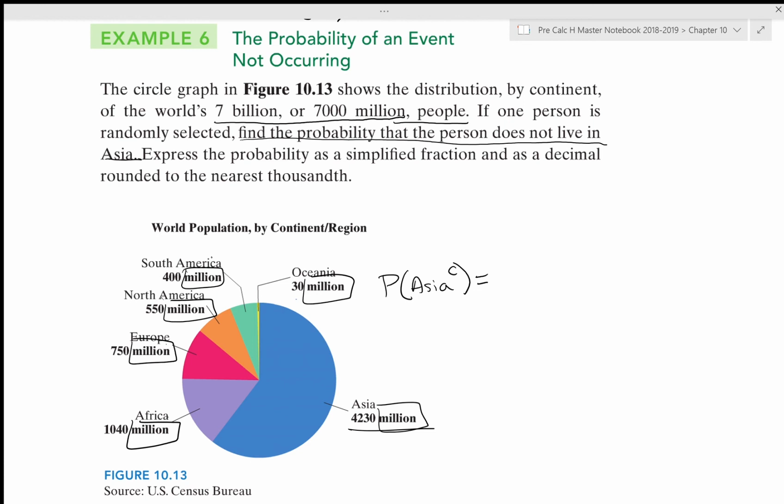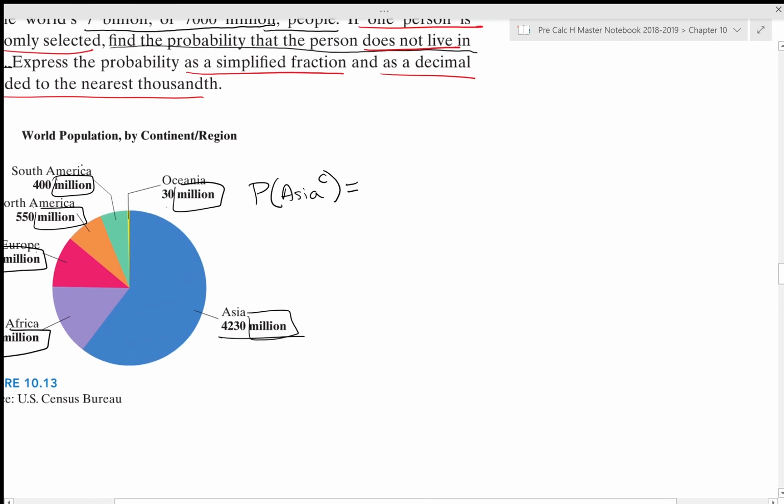So if one person is selected at random, find the probability that the person does not live in Asia. So I want Asia complement, right? Or not Asia. Express the probability as a simplified fraction and as a decimal rounded to the nearest thousandth. Okay, so to figure out the probability of not Asia, I need to know how many people live in Asia?